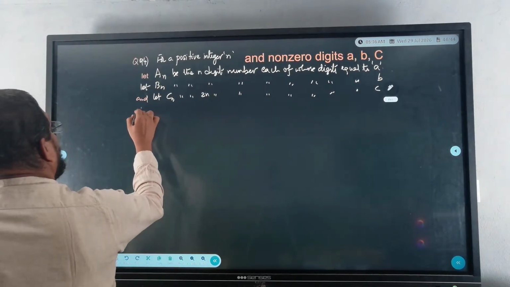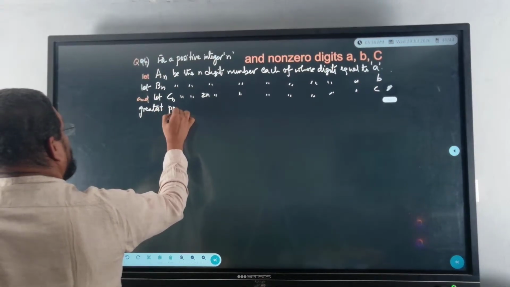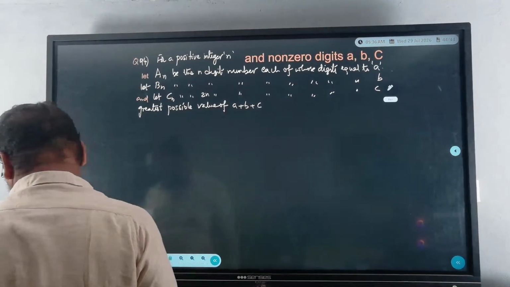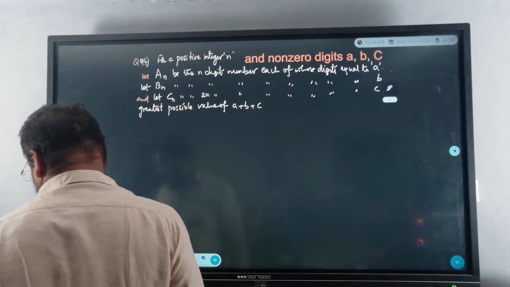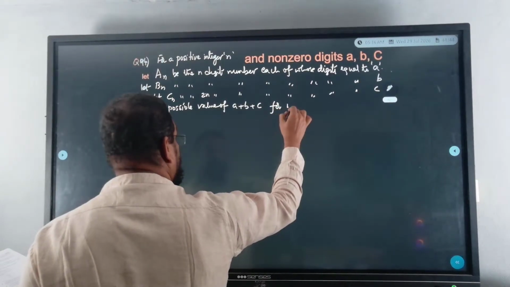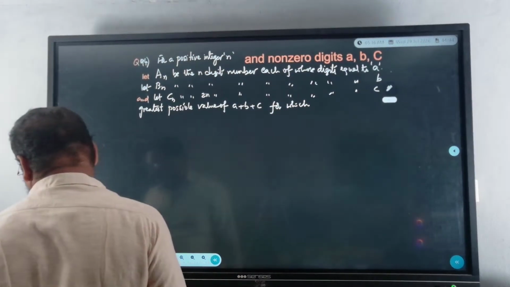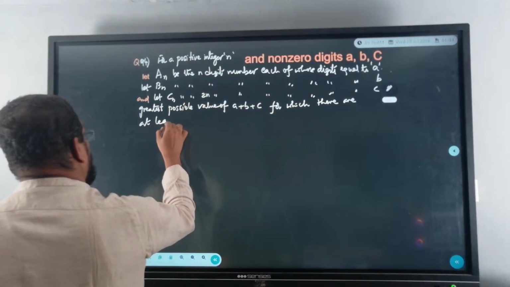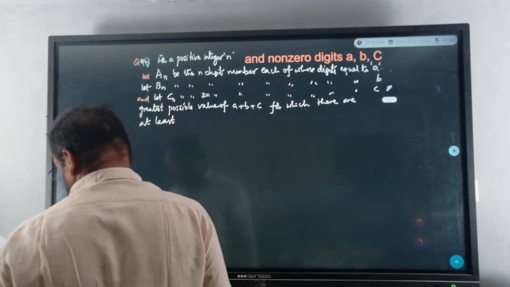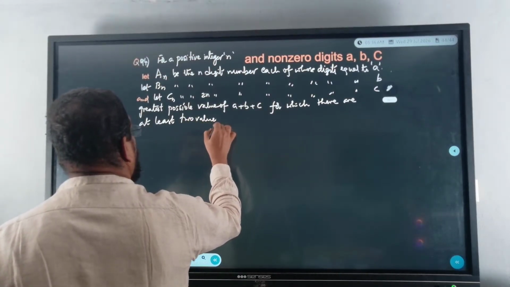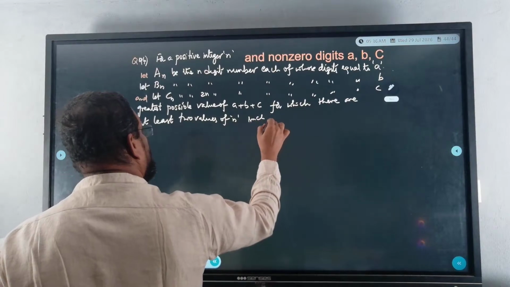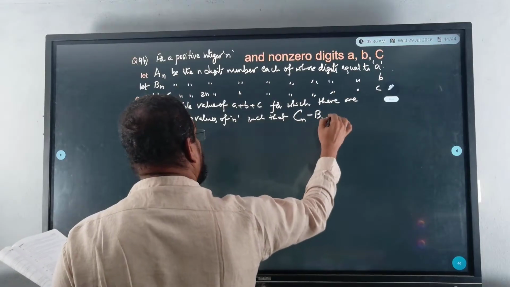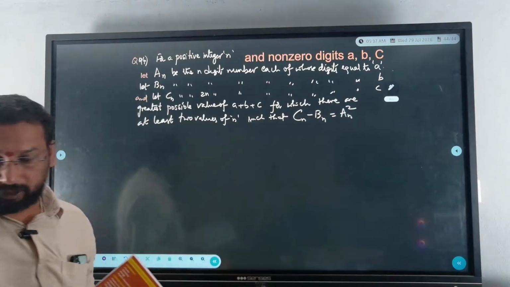What is the greatest possible value of a plus b plus c for which there are at least two values of n such that cn minus bn is equal to an square? That is the question. Write down all of you.